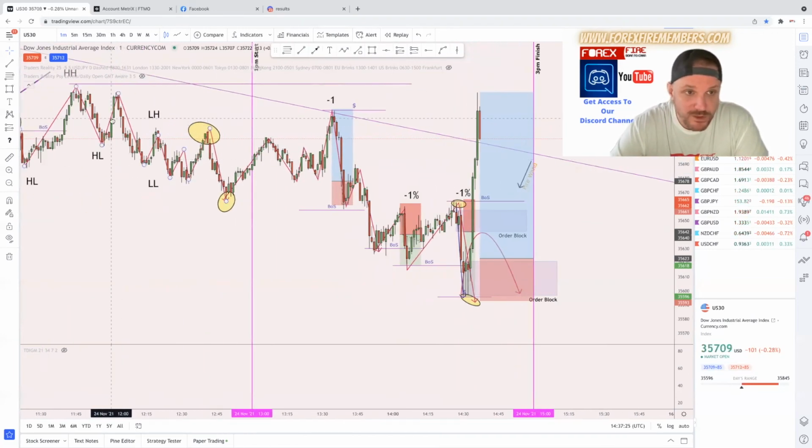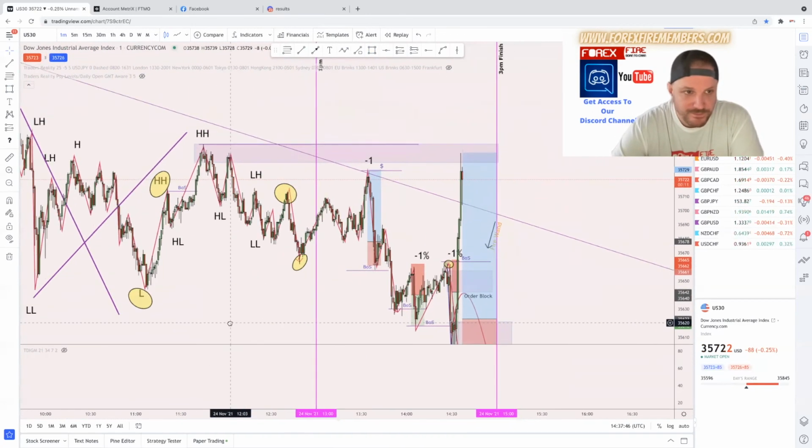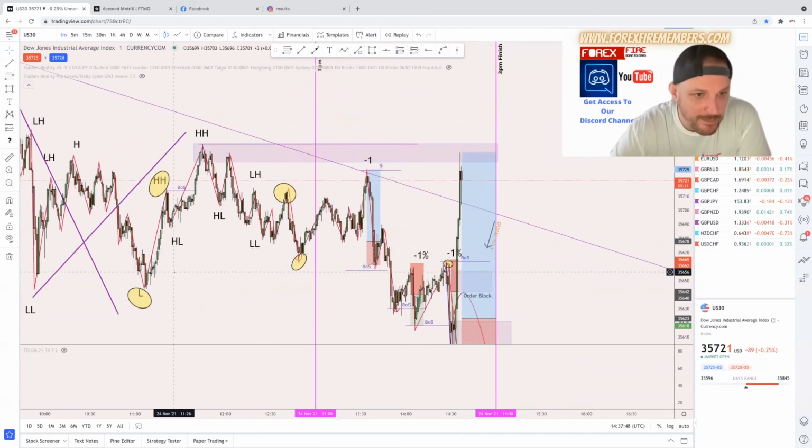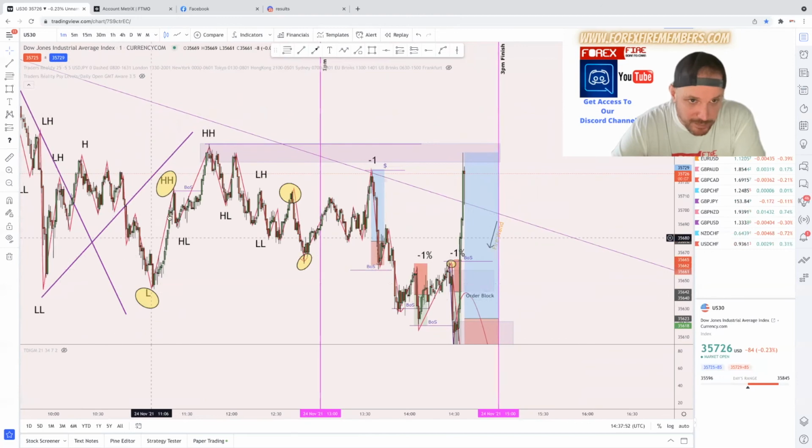So as we look further up, okay, we can see this here. As we talk about order blocks, we've got an order block there, okay, from that higher high. It's come in to mitigate on that price. And it just so happens, as this was a downtrend here, we got a change in structure maneuver, okay?